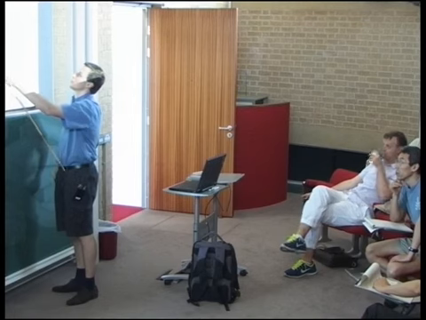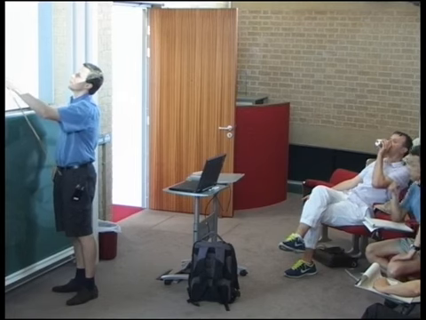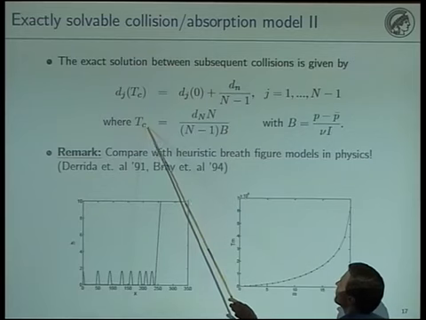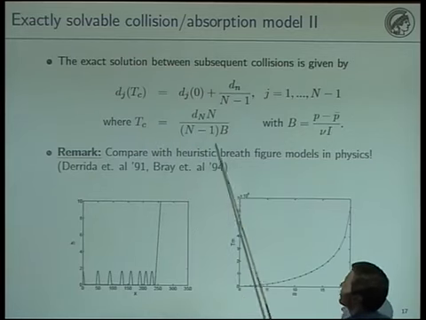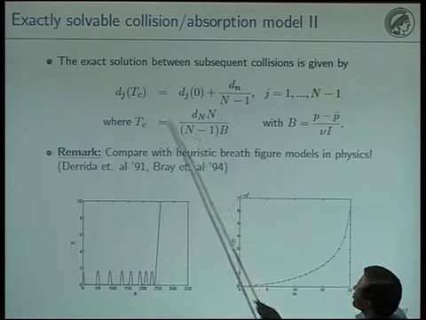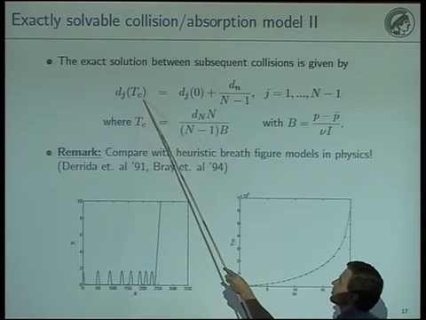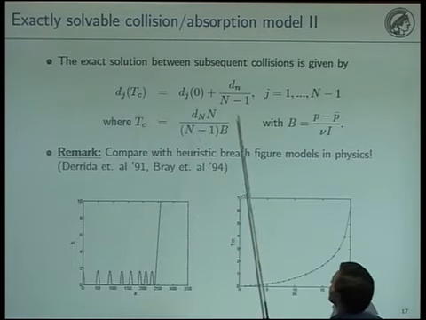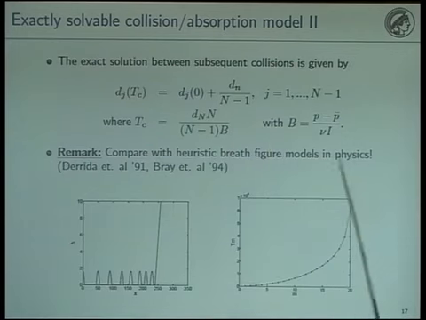And you have an explicit formula for t_c, it's a collision time. You have an explicit formula for the collision time, and you know how to update your distances between droplets after the collision time. N is the number of droplets.